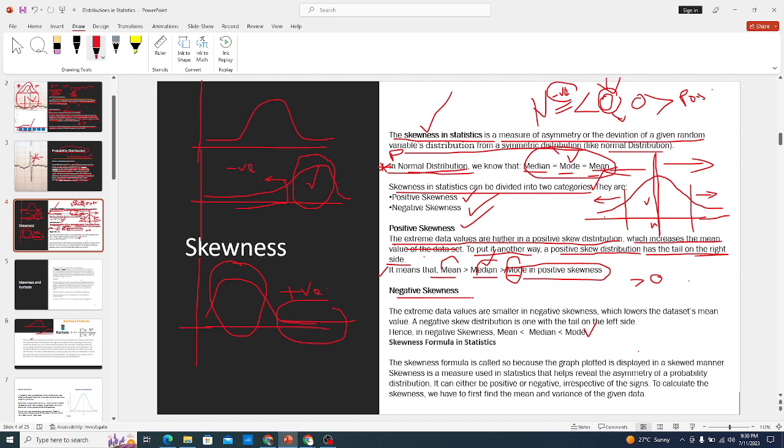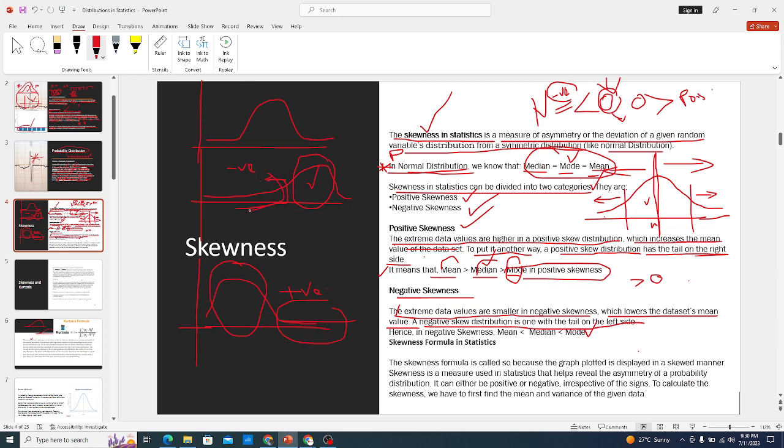What about negative skewness? So the extreme data values are smaller in negative skewness, which lowers the data set's mean value. So a negative skew distribution is the one with the long tail on the left side.